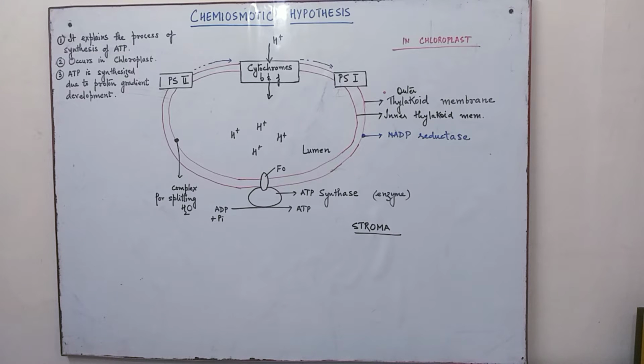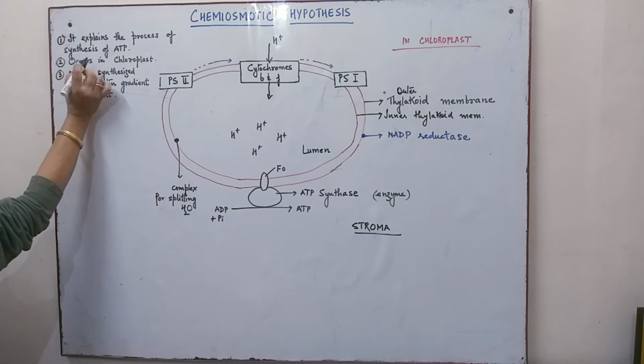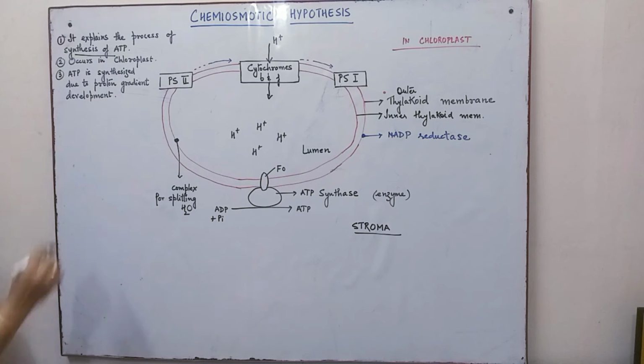Now, this theory explains the process of synthesis of ATP, which we have mentioned in cyclic and non-cyclic photophosphorylation. Both the schemes, whether cyclic or non-cyclic, result in the production of ATP. So this theory helps us understand how the ATP is formed.